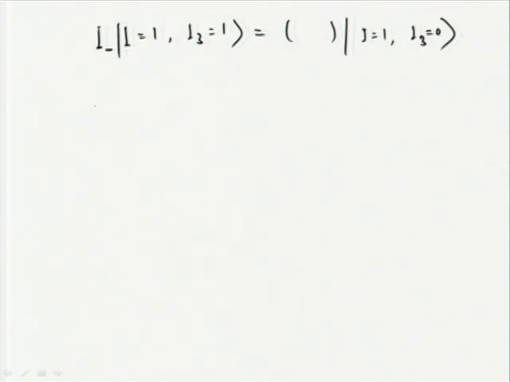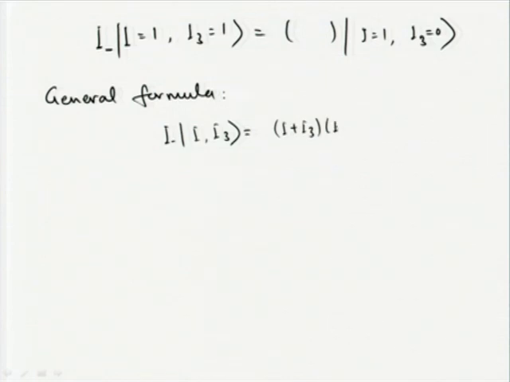In a general case, for a step down operation, I minus on I, I3 equal to the square root of I plus I3 times I minus I3 plus 1, that is the coefficient that will come with this, and I, I3 equal to I3 minus 1.